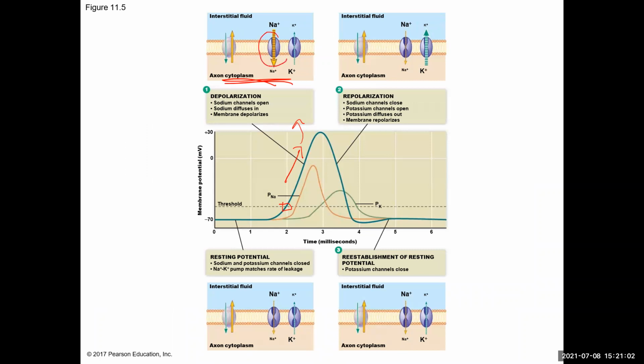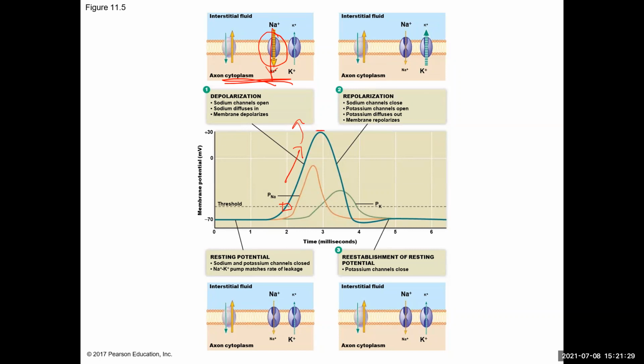Your voltage-gated sodium channels open up, sodium floods into the cell, bringing in lots of positive ions, and so the electrical charge inside the cell becomes more positive. After that sodium floods in, your membrane potential is now around positive 30.